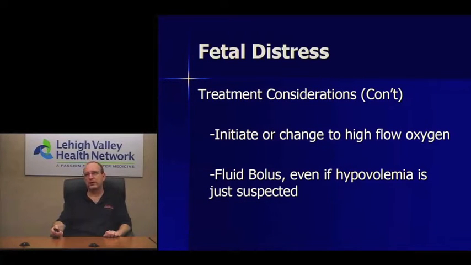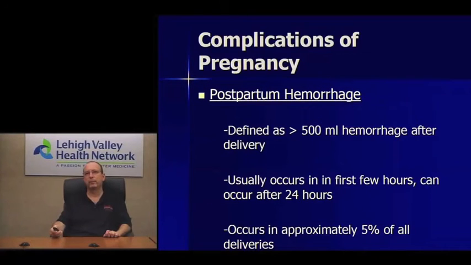Other treatment considerations: initiate or change to high-flow oxygen, and then also a fluid bolus, even if hypovolemia is just suspected with the mom or the kid. Postpartum hemorrhage is one of the complications we might see, and maybe this is from a mom that we're picking up from an ER that doesn't have an OB service.